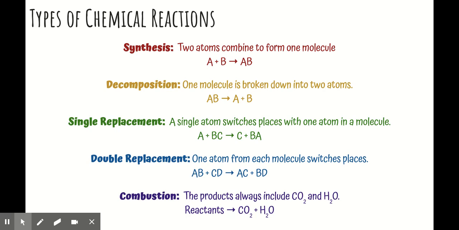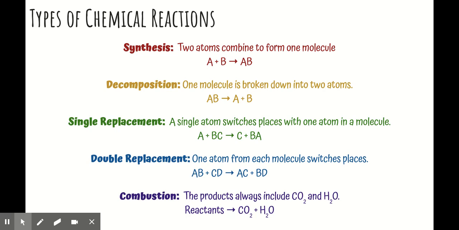Single replacement reactions are when a single atom switches places with one atom in a molecule. Here in this example, we're looking at the green one. You have a singular A plus a BC molecule yields a singular C plus a BA molecule. If you look closely, the A replaced the C. Another way to think about this is with a relationship.